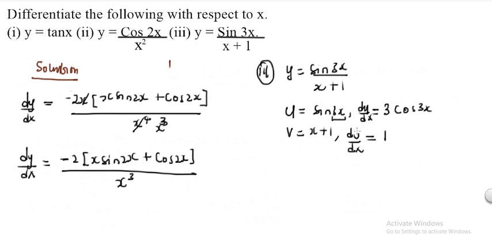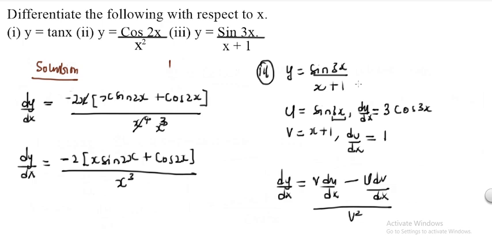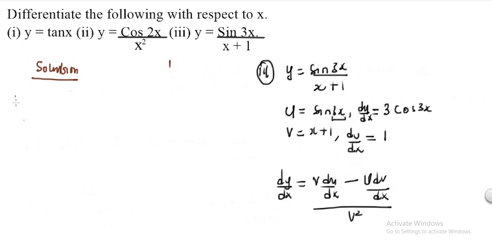So now that I've gotten both the u and the v and their derivatives, using the quotient rule, the quotient rule simply states that dy over dx is equal to v du dx minus u dv dx divided by v squared. So we plug in everything we get here into this. Now we have dy dx as equal to, the v value is x plus 1.